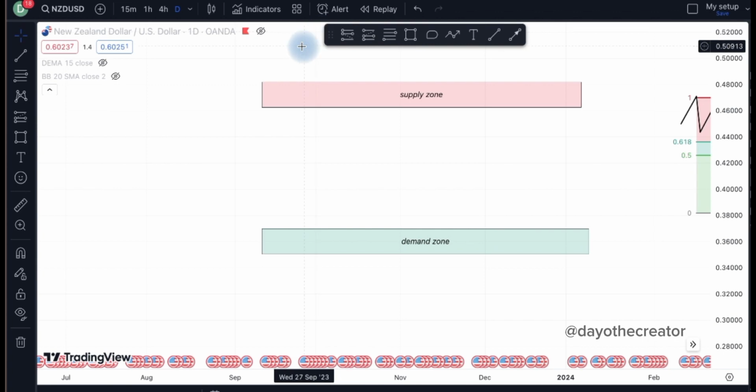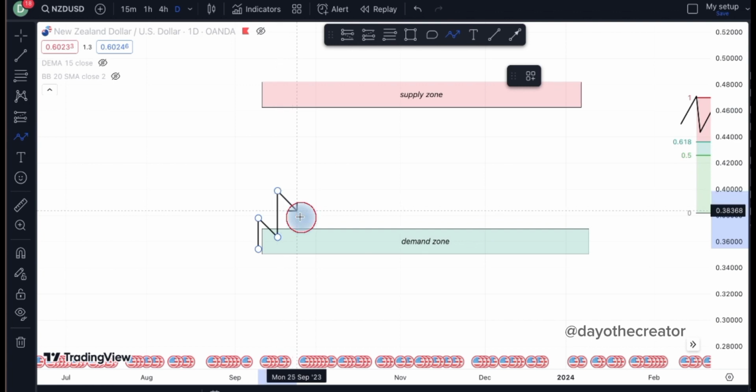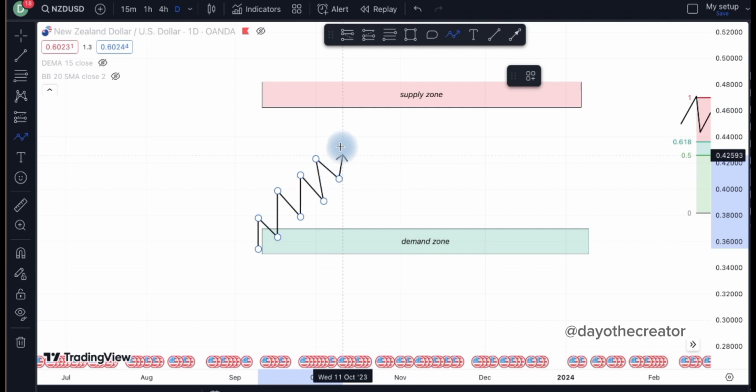So for example, when the market is trending upwards, like this, higher high, higher lows, higher high, higher lows, higher high.